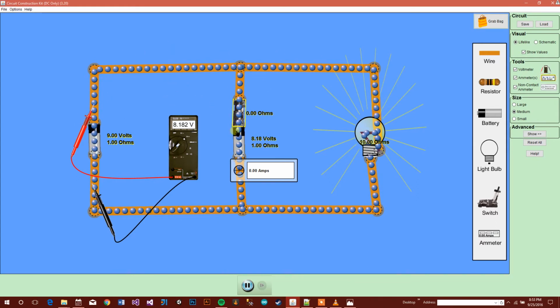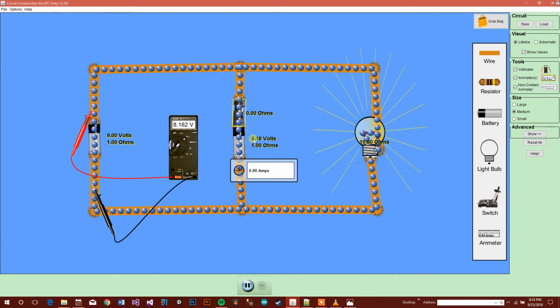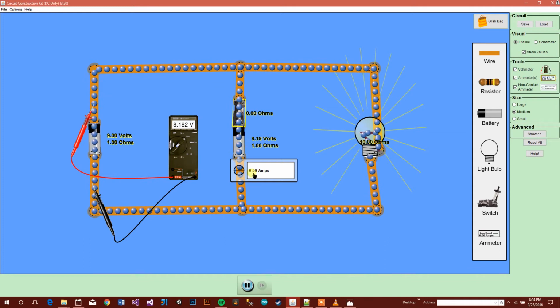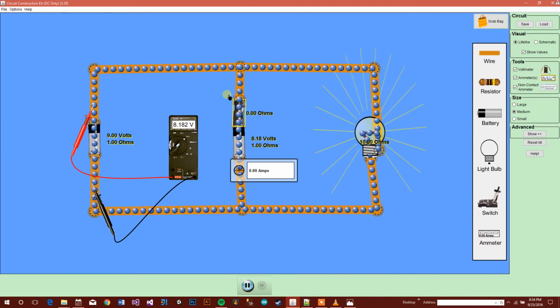So if you have the EMF of battery 2 already at 8.18 volts, and I close this switch, there should be no current running through it in order for it to maintain the same voltage across the battery. Because if there was any sort of current, the voltage would go either lower than 8.182 volts, or higher than 8.182 volts. And so as you can see, as I just demonstrated, there is no current running through it.